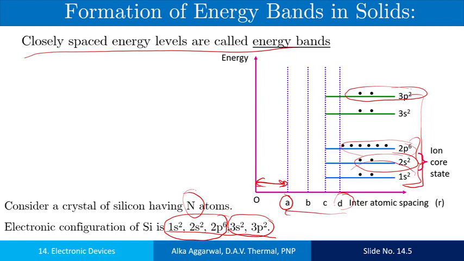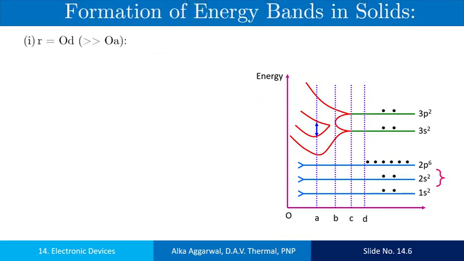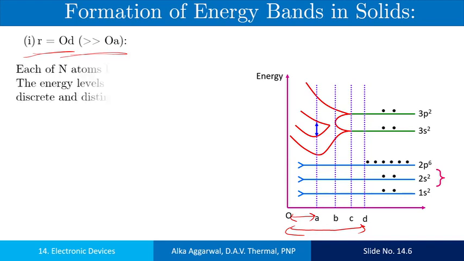Now what happens when the distance between the two atoms is equal to OD? Means the distance between the two atoms is OD, and in a stable solid state, the distance between them is OA. So we can say OD is much greater than OA, and in that case there is no interaction between the atoms.